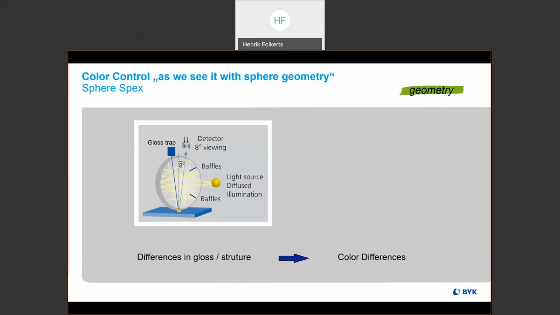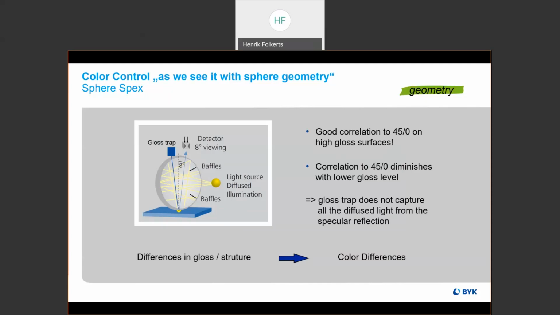On high gloss samples, where the incident light is directly reflected, the correlation to the 45-0 geometry is good. In case of medium or low gloss samples, deviations will occur between the 45-0 and the specs configuration, as the gloss trap does not completely exclude the specular component.